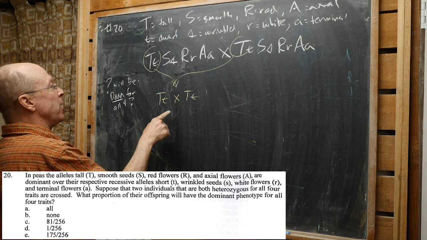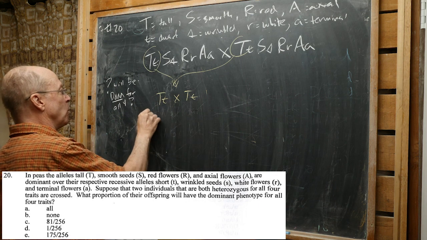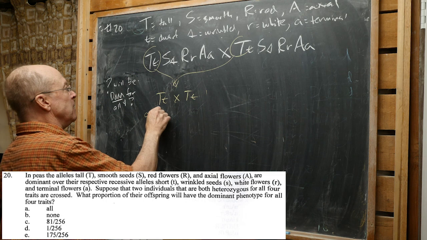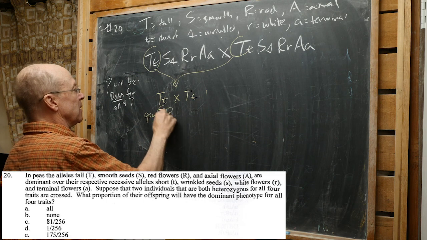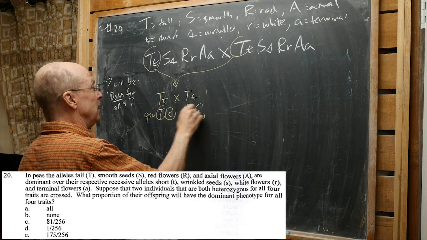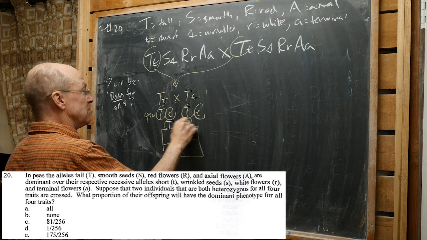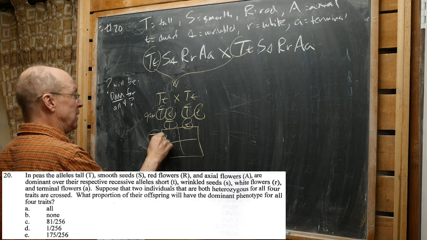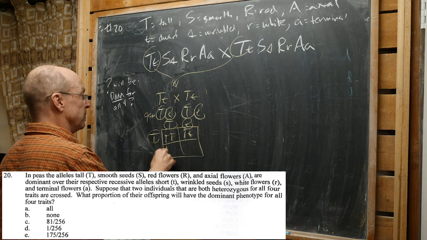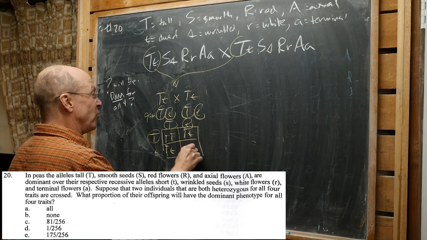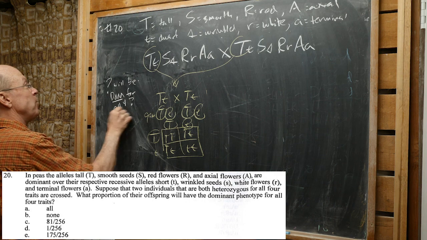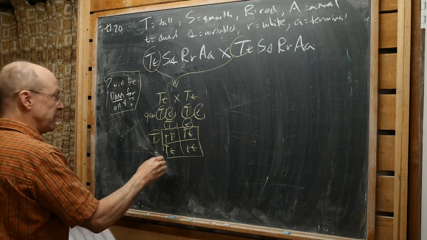And therefore, what we want to do here is set up the possible gametes from this one. You know this. So big T, little t, big T, little t. This gives us the classic 2 by 2: big T, little t, big T, little t. Do your business. And then what we want to do is answer the question: what proportion of this will be dominant?